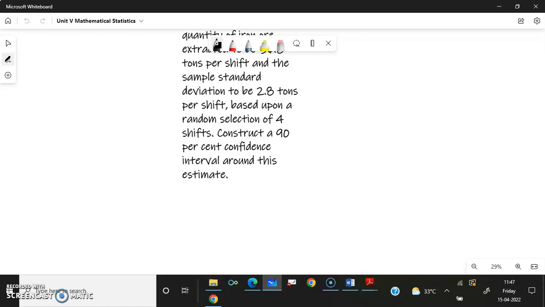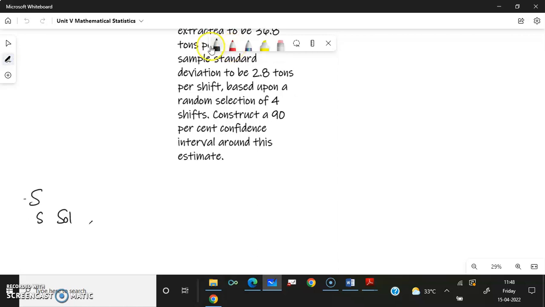Solution. Okay, what is given? As the standard deviation of the population is not known.